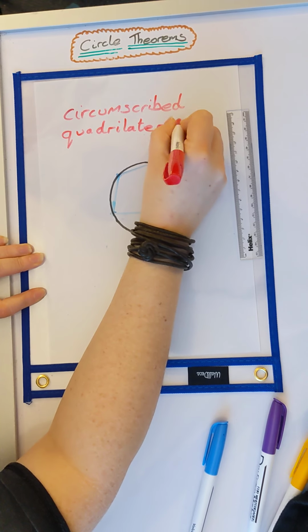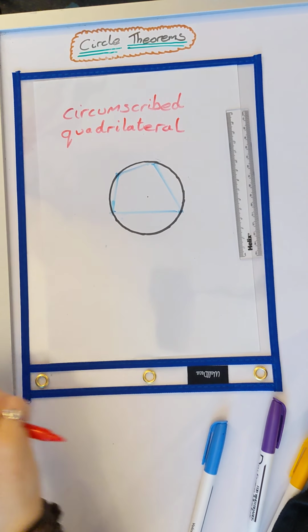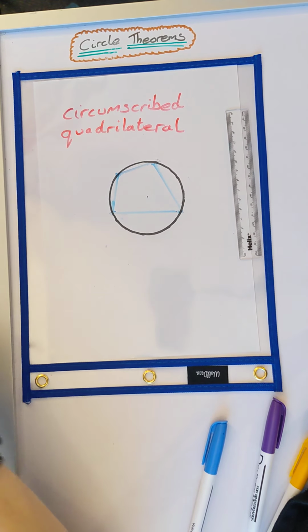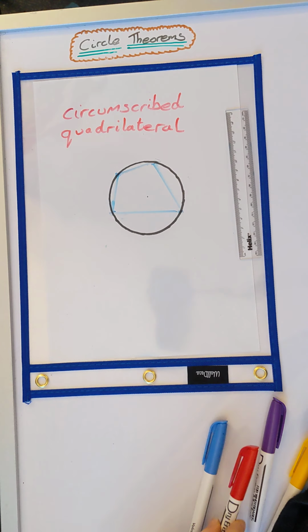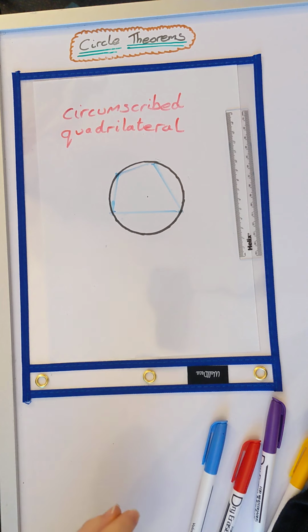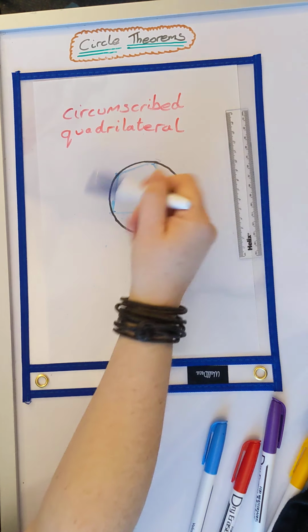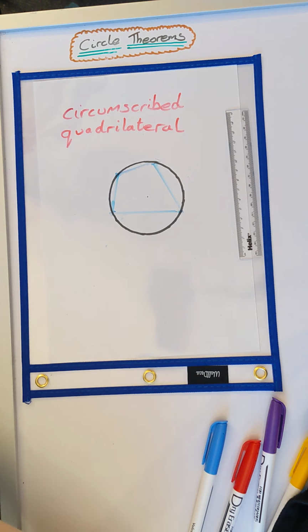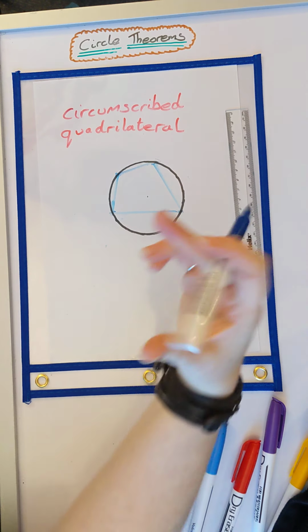If we had a regular quadrilateral, we would have a square, because regular means all the sides are the same size, all the angles are the same size. So a rectangle is not a regular quadrilateral, but it is a quadrilateral. This shape is not anything special, it's just a quadrilateral. It's not quite a kite, it's not quite a trapezium.